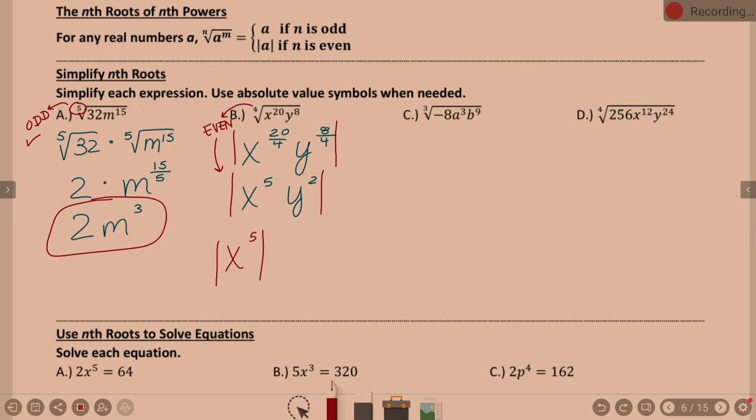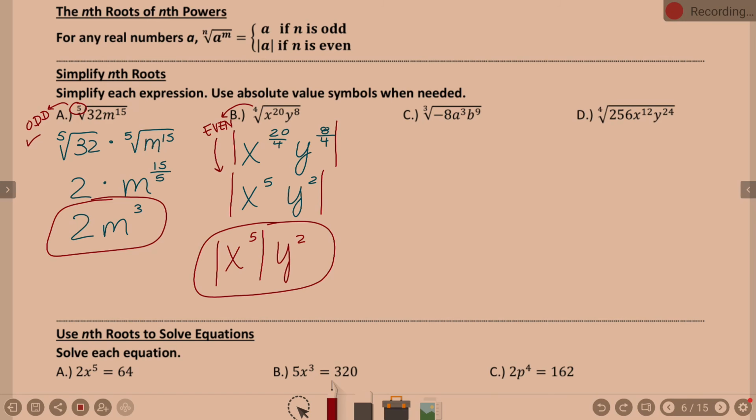Could y squared be negative? No, because if y is negative, what happens when you square it? It becomes positive, doesn't it? If y squared is going to become positive, I don't need absolute value. And I guess I didn't play around with it in Savas to know what happens if you put absolute value on the whole thing. I'm guessing they count you wrong and say, try again.